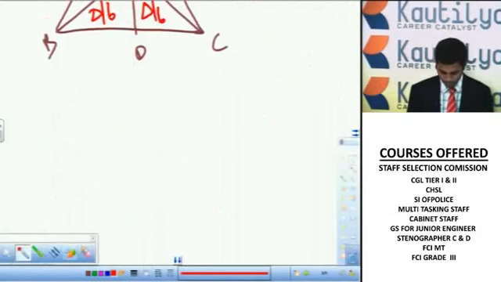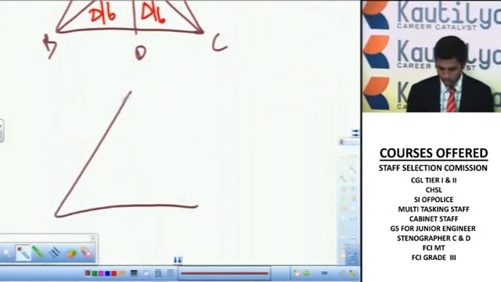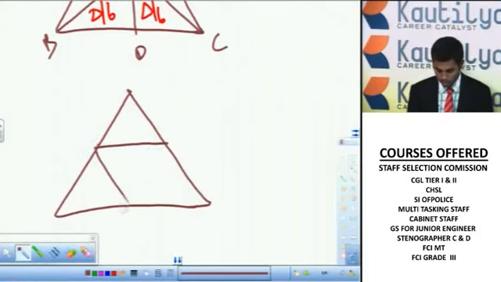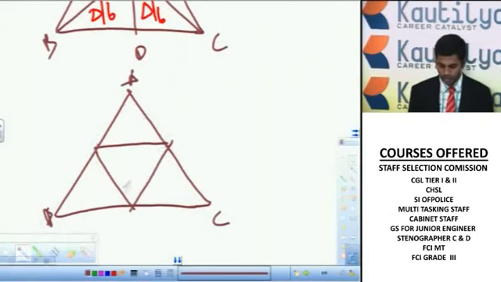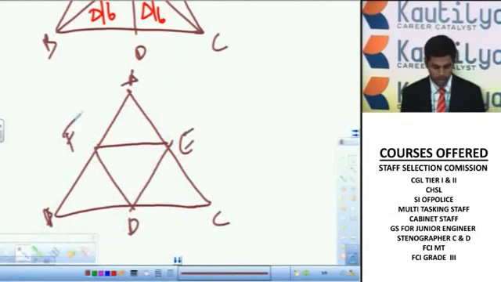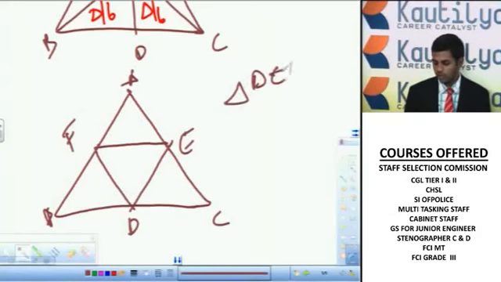Similarly, one more thing we have to keep in mind is, for an equilateral triangle, if we join the midpoints of the sides, so if this is equilateral triangle ABC and these are the midpoints, right? D, E, F are midpoints of sides AB, BC and AC. Then by joining these three midpoints we can form one triangle, and the area of that triangle will be equal to 1/4, delta DEF equals 1/4 of ABC.